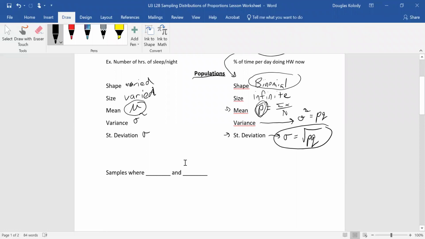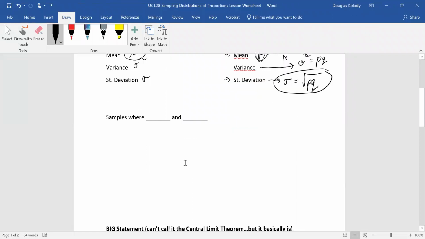So I'm going to leave those blanks there for a second, but let's just take a bunch of samples from this population, because that's what it's all about, taking a population and breaking it up into many samples. So we have 1, 2, 3, all the way down to, let's say, n samples. Instead of saying x bar, which is the sample mean, we use this letter instead, P. But it's about to rain today.